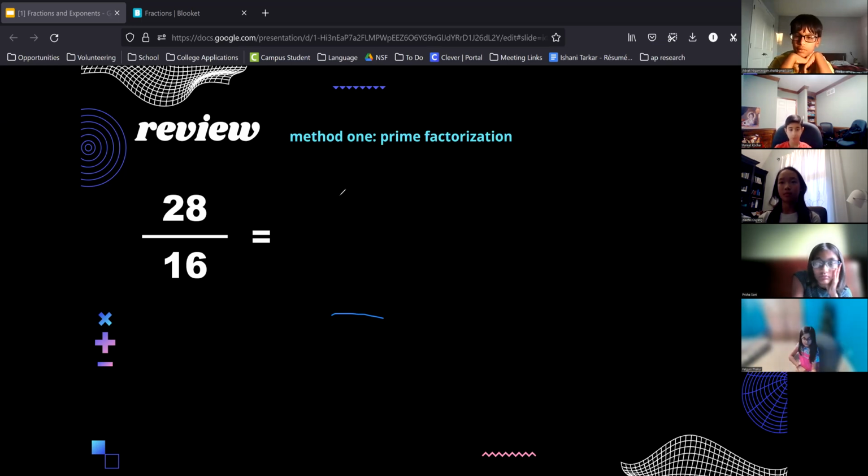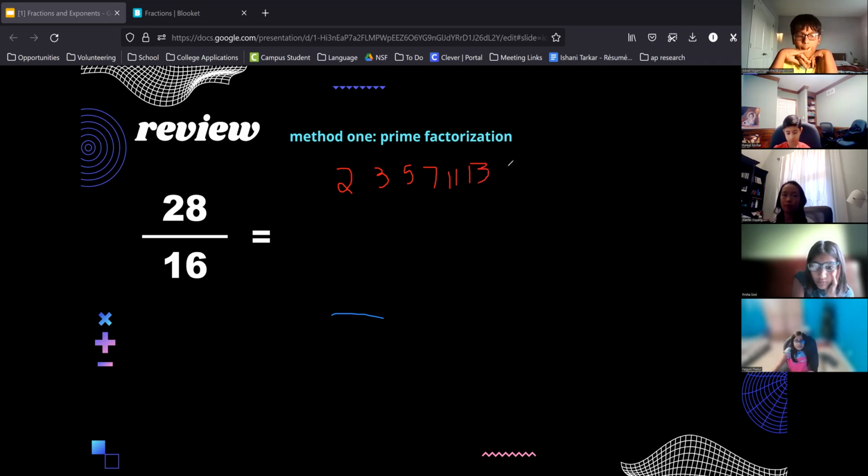Using this, we know that there is a specific set of prime numbers and they're never going to change, because the factors of a number will not change. The smallest prime numbers would be 2, 3, 5, 7, 11, 13, 17, 19, and so on.